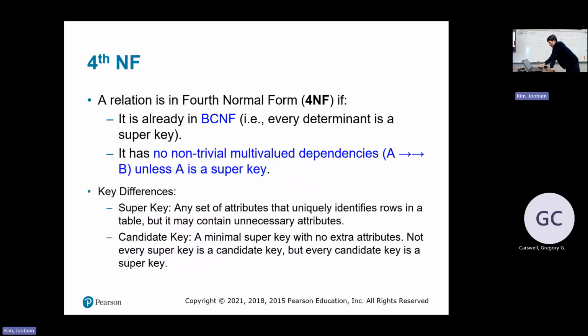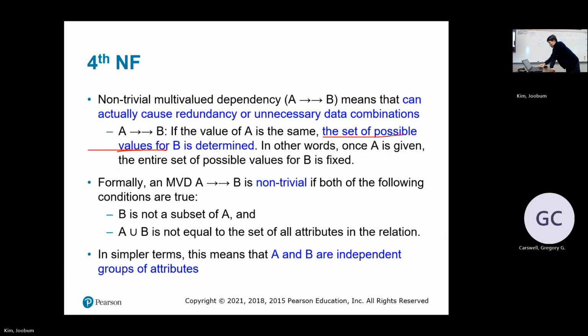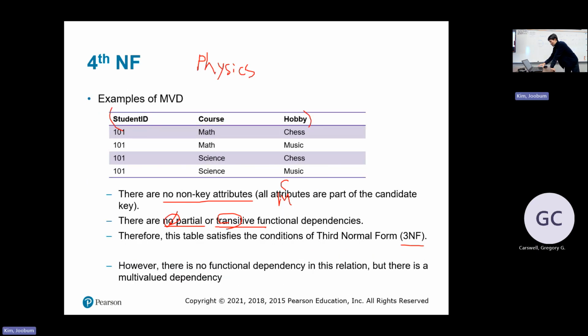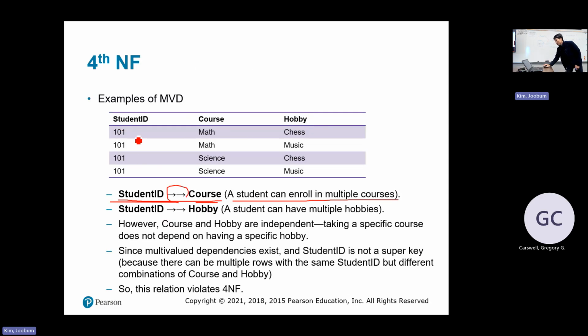Set of sets. So if the value of A is the same, there is a set of values for B. In this case, 101 can register math, science, physics. It's a set, so limited.